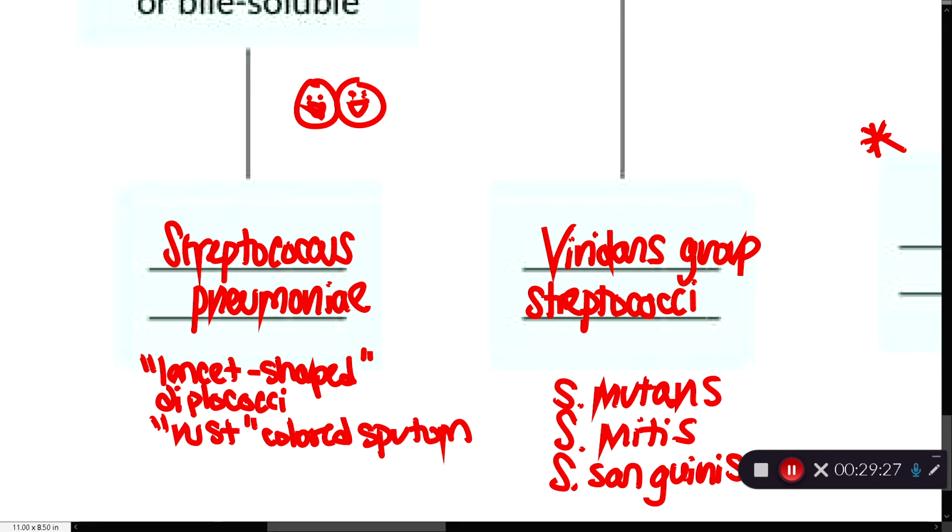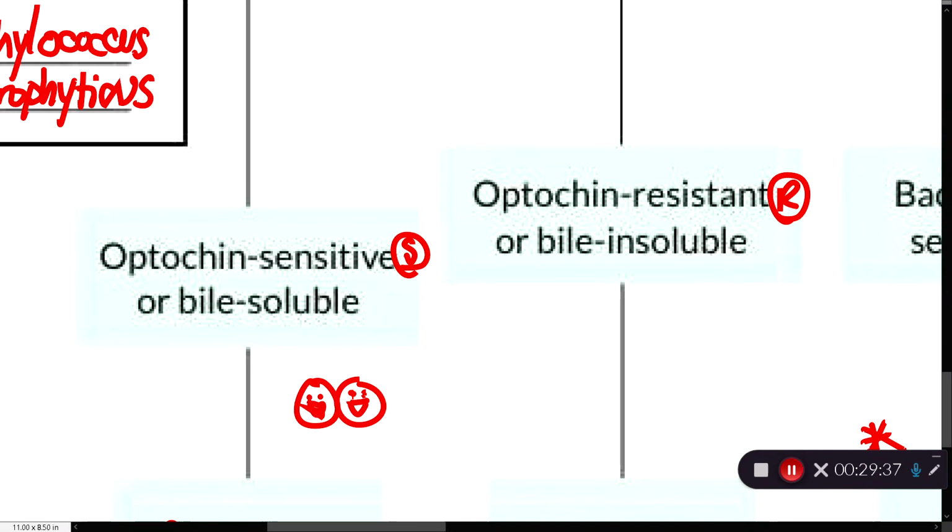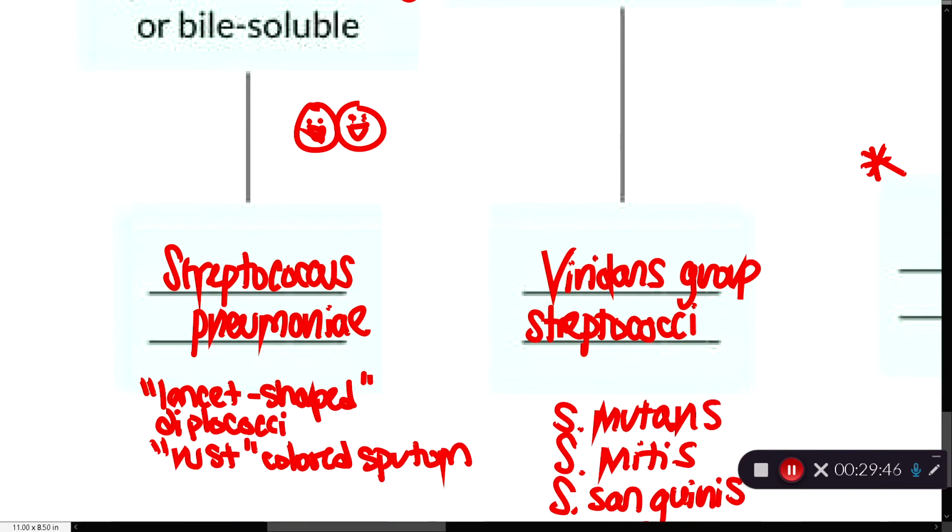When you see Viridans group, if you have a hard time thinking of the characteristics of it, try to just think of strep mutans, okay? But a cute way to think about this is optochin kind of sounds like chin. And these guys live in your mouth. These are normal oral flora of your mouth.